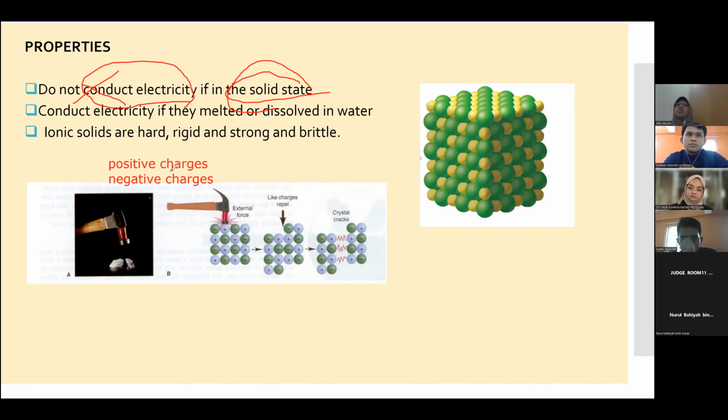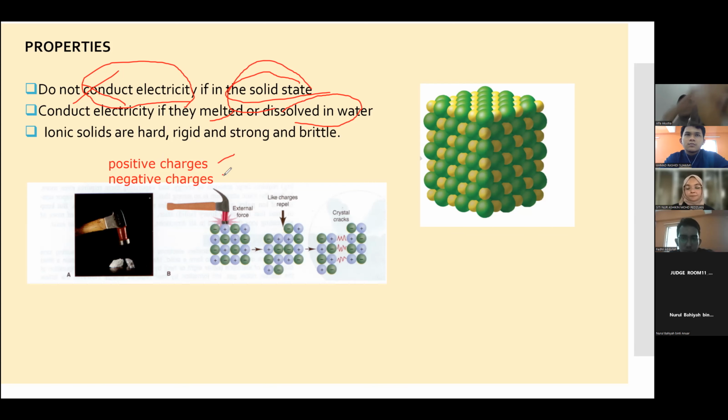Because the total charge is neutral. They can conduct electricity if they melt into the liquid phase, or melt or dissolve in water. Because in the liquid phase, if they melt or dissolve in water, the positive and negative charges are separated.